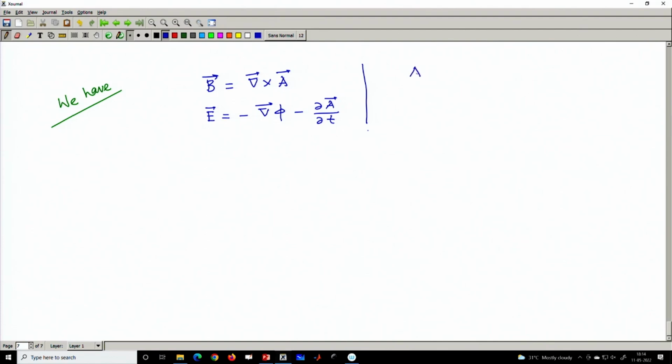So, A is having Ax, Ay, Az, and phi is a scalar, it should only have one component, phi.